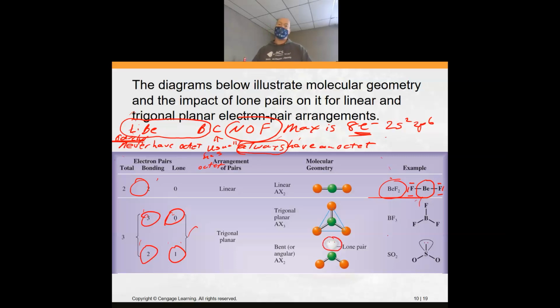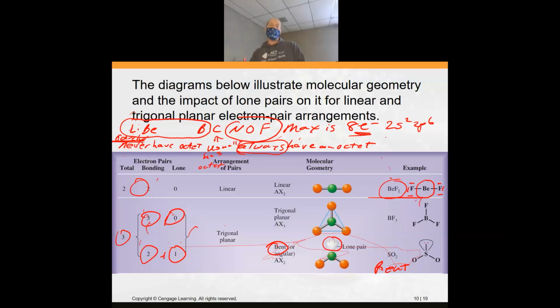For the geometric arrangement, it is 3. That's your geometric arrangement, 2 plus 1. When you're looking at the molecular geometry, it is simply bent. All right, so that's what they're calling it there, bent.